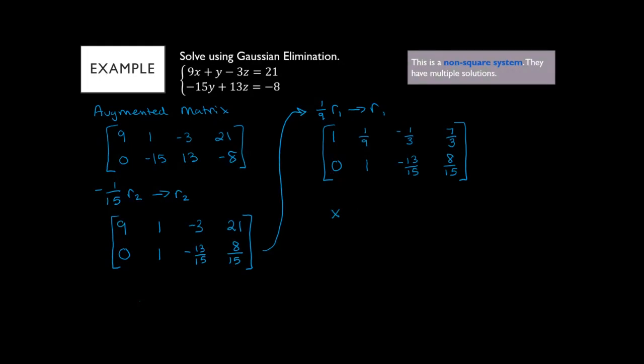So I have x plus 1/9 y minus 1/3 z equals 7/3. And then I have y minus 13/15 z equals 8 over 15. Oops, system notation, so I need to have really braces.